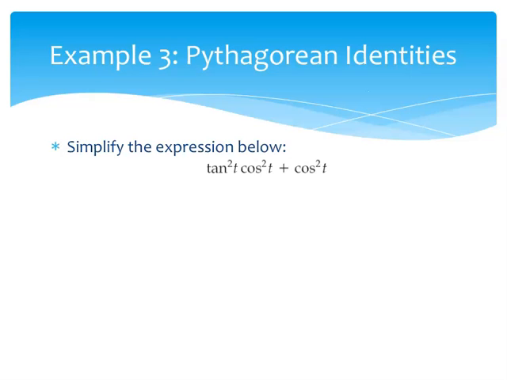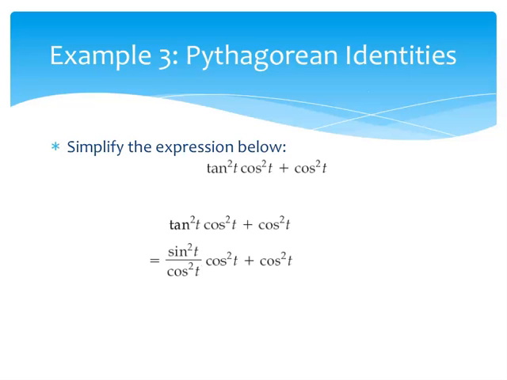Okay, so let's start off by replacing tan squared. I want to simplify that first term, tan squared times cosine squared, and I know by a quotient identity that tan is equal to sine over cosine. So I'm going to replace, now be careful here because here it's tan squared. So if I'm replacing tan squared, I need to make sure I'm replacing it with sine squared over cosine squared.